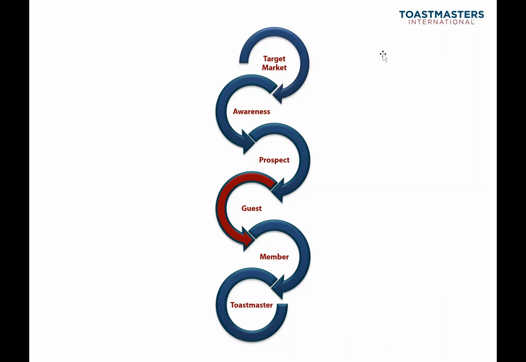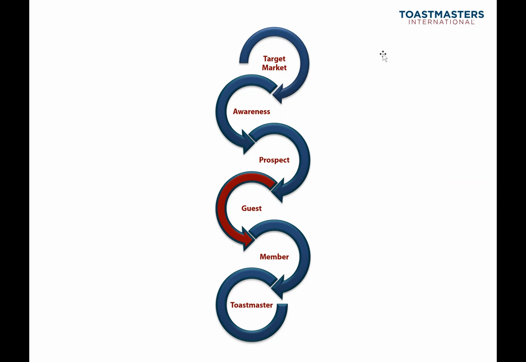As I said, it comes after the prospect stage, which is where a potential member has found out about Toastmasters and has found some information about your club that's correct and has managed to make contact there. This stage is all about taking that initial contact and turning that into a physical live visit to your club.